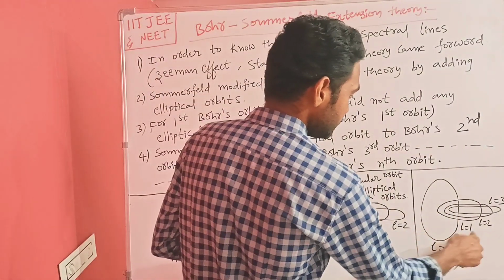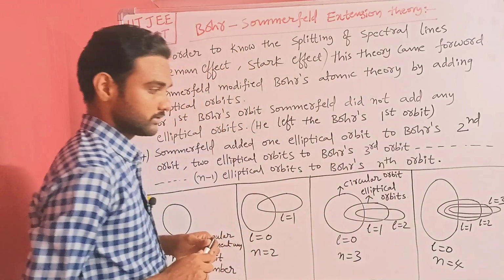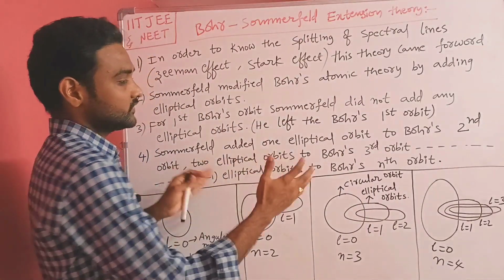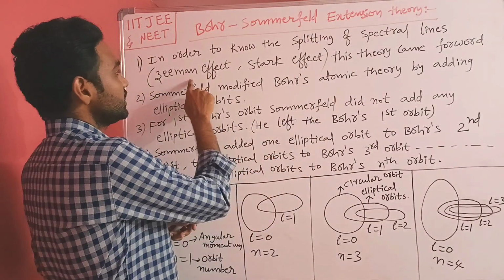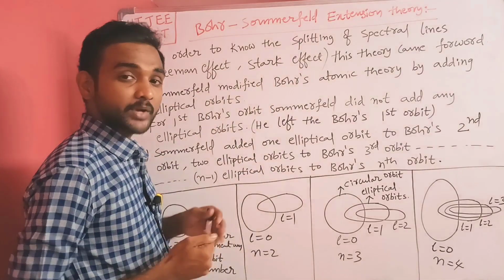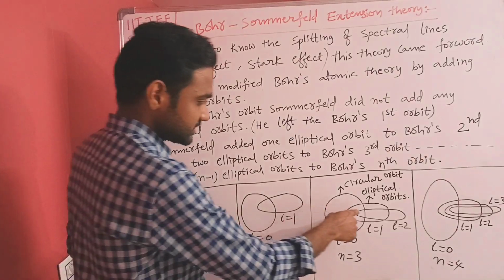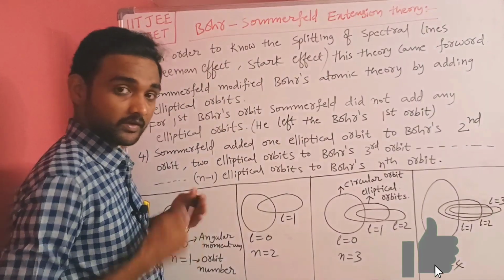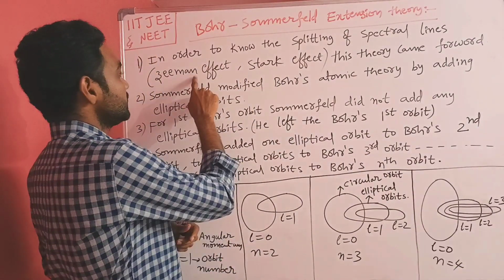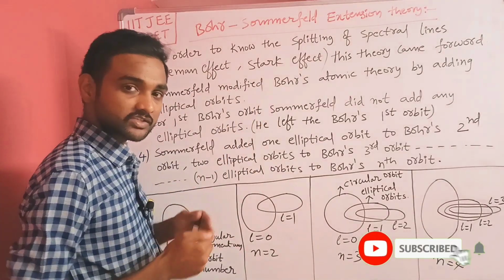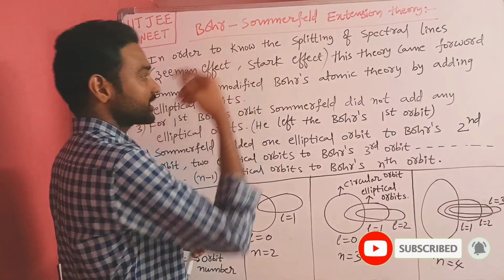Now L value 1, L value 2, L value 3. Have you understood? So in this way he corrected the Zeeman effect and Stark effect. Why are the spectral lines splitting? Mainly due to the presence of these elliptical orbits. In that way he corrected the Zeeman effect and Stark effect. So he successfully explained the Zeeman effect and Stark effect.